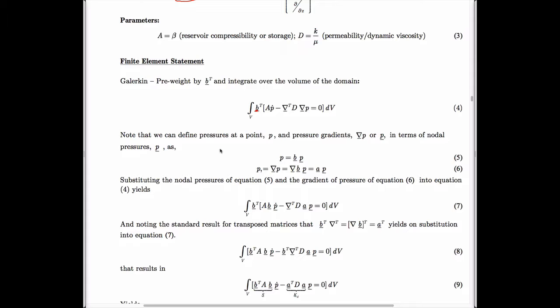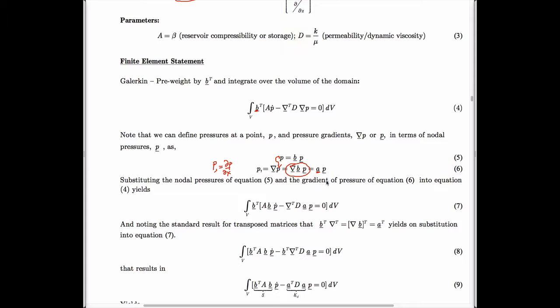If we want to take the derivatives of those pressures, so just in notation, P comma is equal to dP dx. And so we can just take the derivatives of these shape functions. If we substitute this into here, then we end up with this. And the derivatives of these shape functions are just these A functions that we talked about before, just recently.